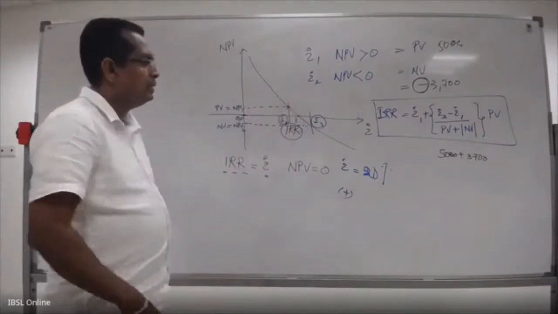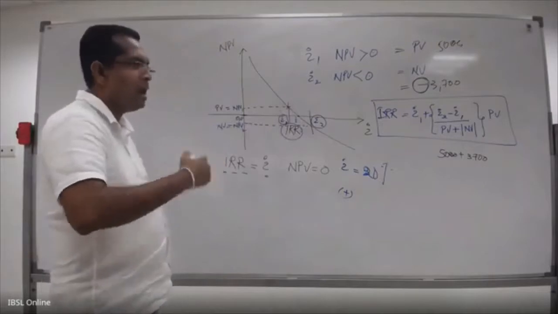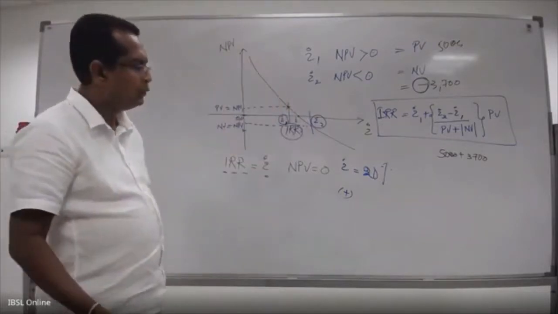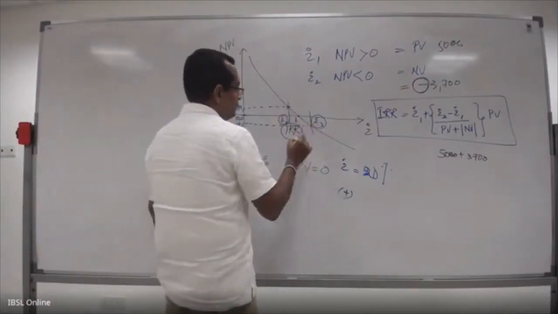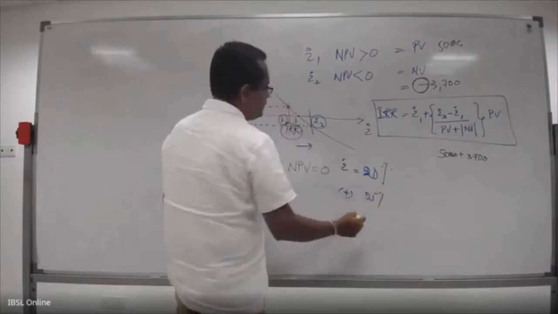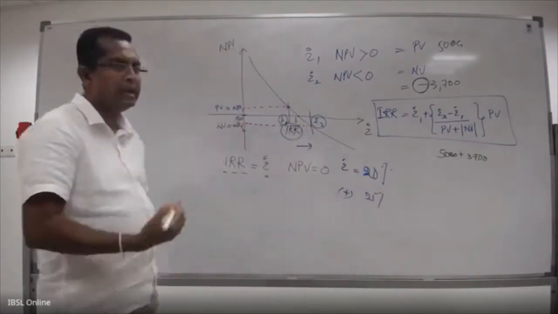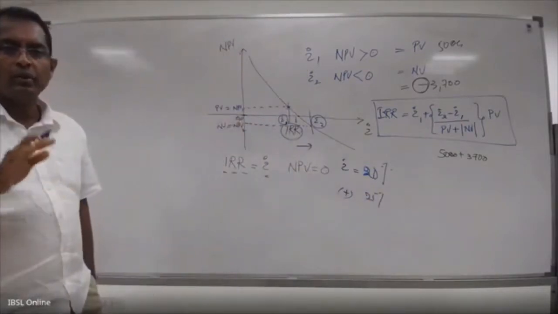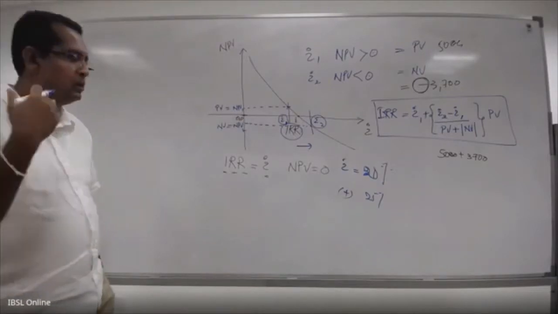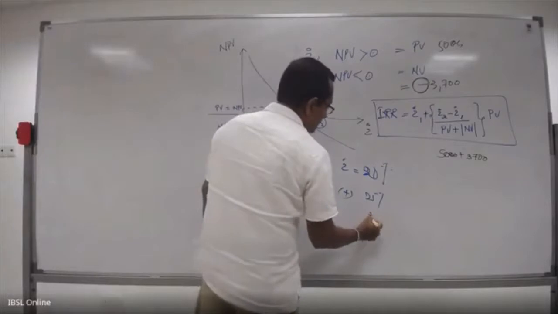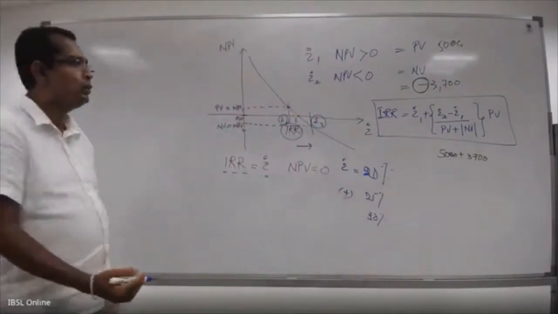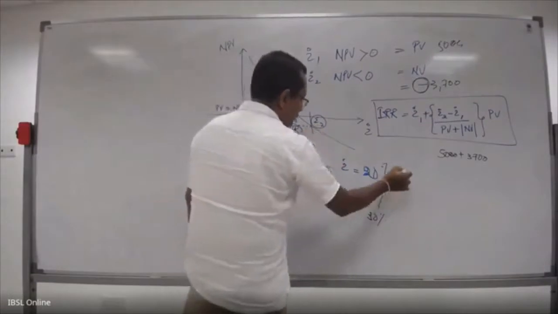Then you need to have a higher interest rate to get the negative figure. So you put 25 and see whether you get a negative one. If you get a negative one, you are lucky. If you don't get a negative one, you have to put another rate, 30. Till you get the negative one, you have to go on doing it.